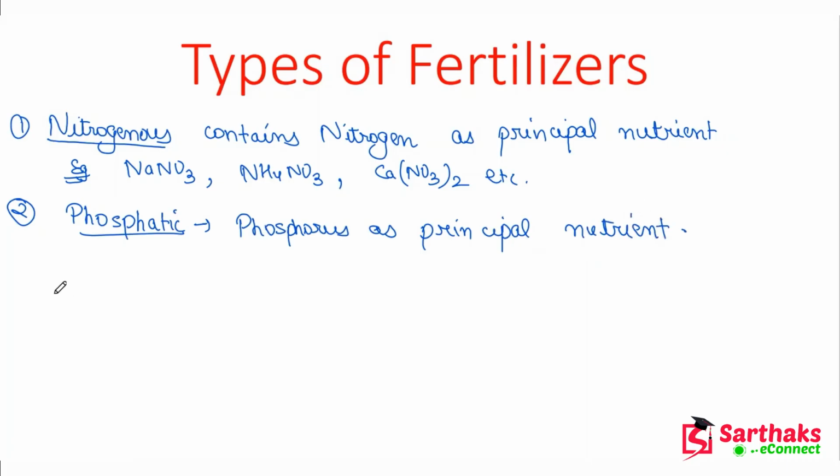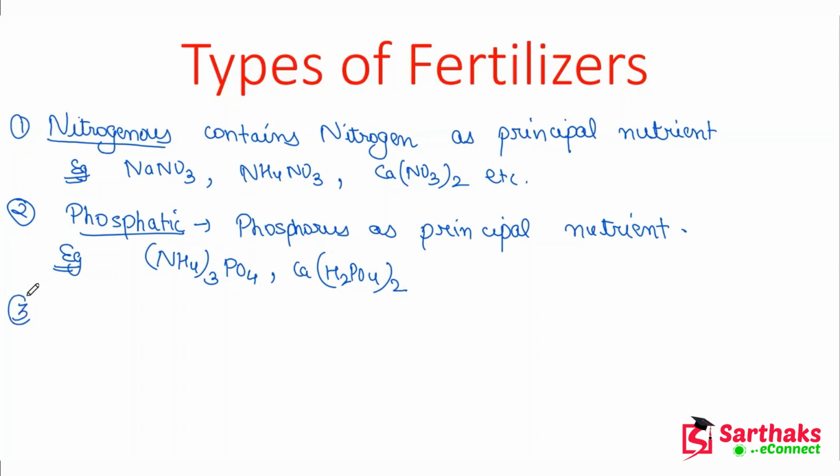Now, the examples of phosphatic fertilizers are (NH4)3PO4 and Ca(H2PO4)2.